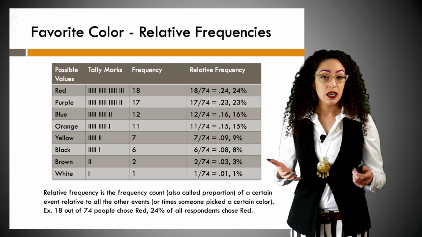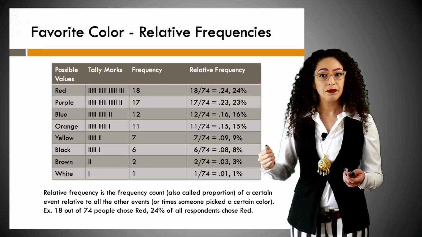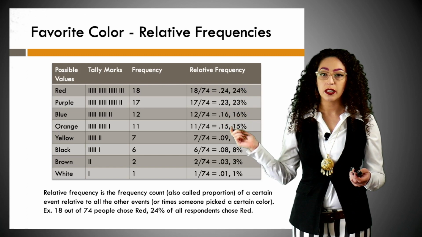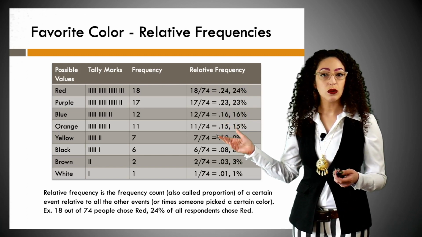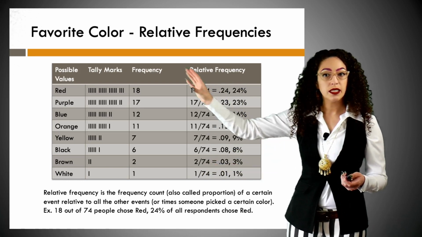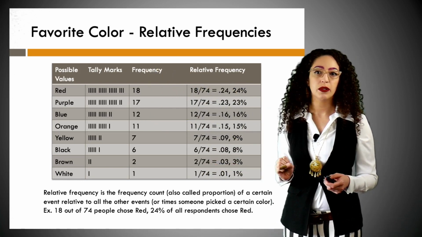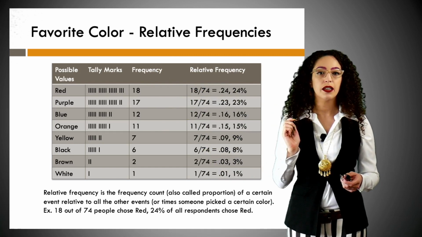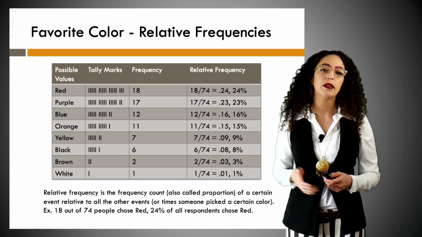What does that mean? 24% of all the people I asked said that they like red. And so on. We can say purple is 23%, 16% of people like blue, 15% of people like orange, etc. So this is the raw count or frequency, and this is the relative frequency. You just take that particular answer's total count and divide by the total number of people that you asked.